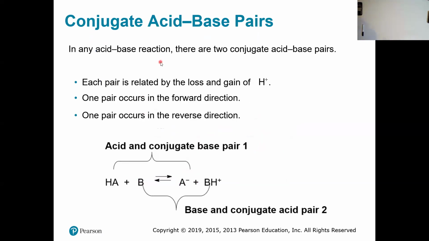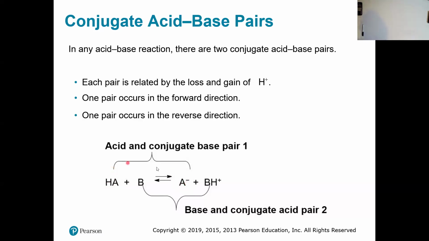There's a special name for the reactant and product pair that's part of an acid-base reaction like this. We're going to see that when we have our acid on our reactant side, after it loses its proton, its H plus, on the product side it's going to be missing its proton, right?